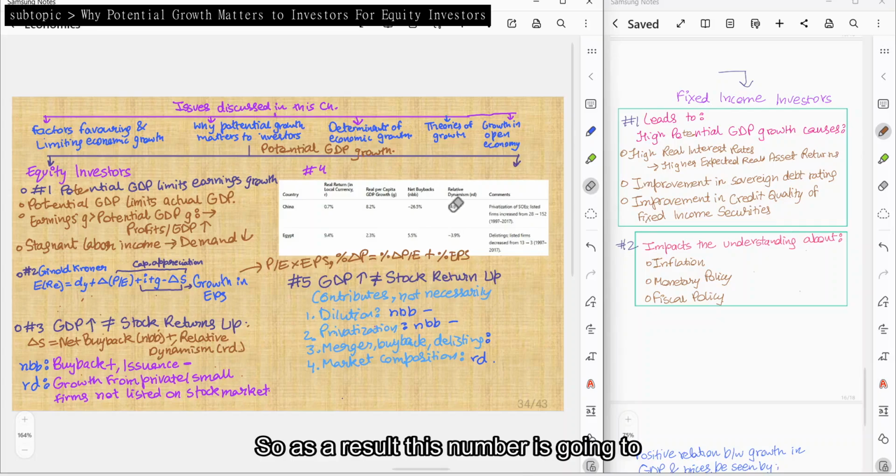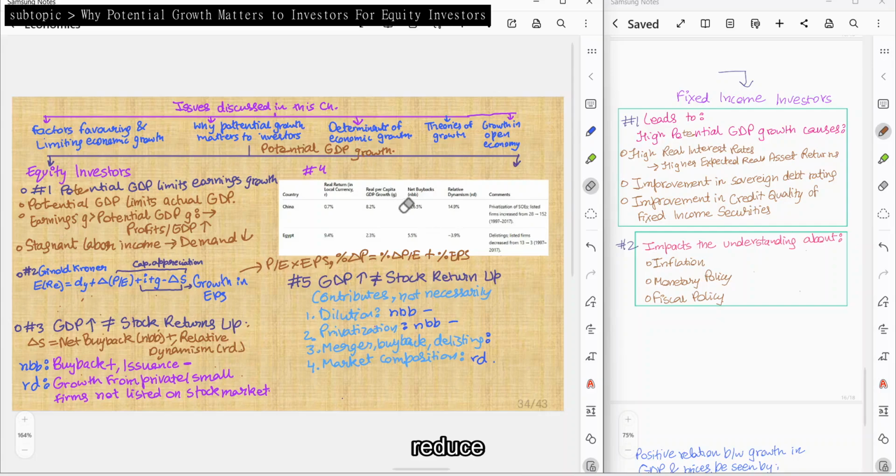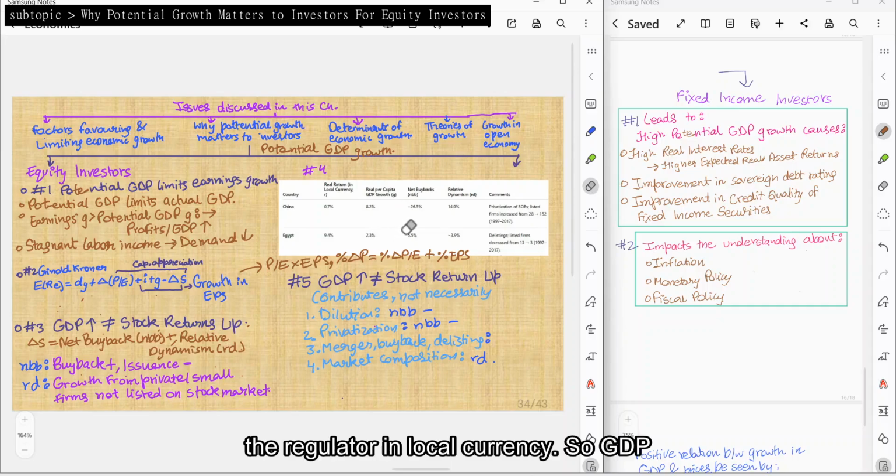So as a result, this number is going to reduce the real return in local currency. So GDP going up does not automatically mean that stock returns are going up.